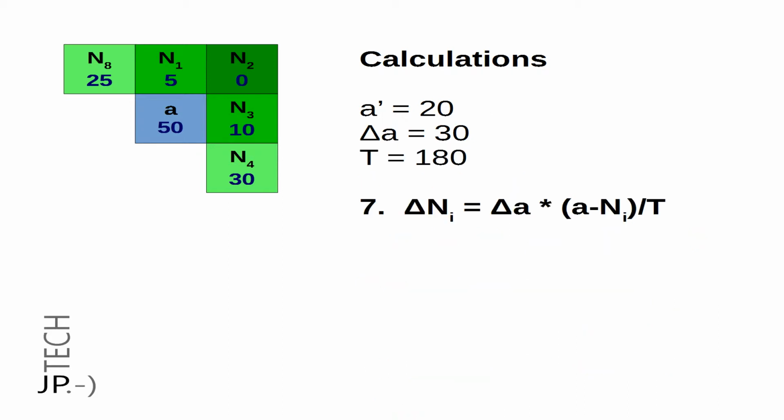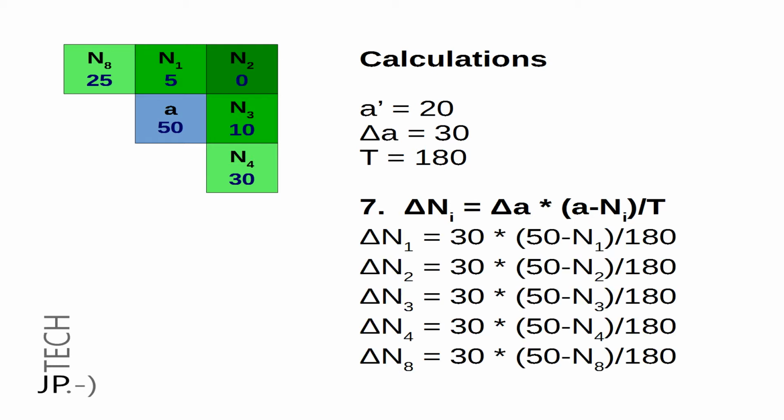7. Now we create a delta n for each neighbor. We do this by taking delta A, which is the total amount of gas pressure that A gives up as it transitions from A to A prime. As it moves from 50 to 20, it gives up 30. And we distribute this by subtracting A from each neighbor's value, then dividing by the total. So this gives us a proportional distribution for each new cell.